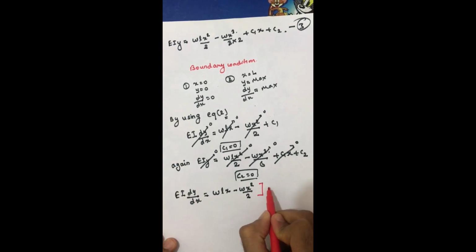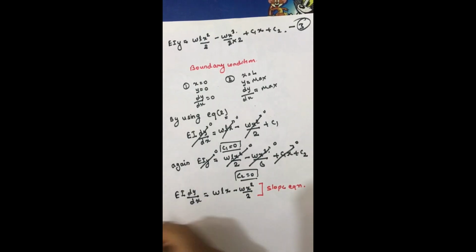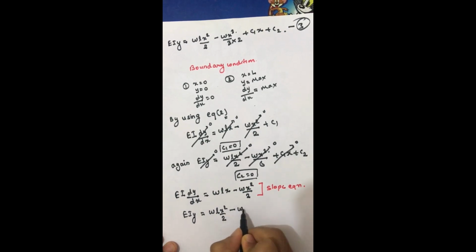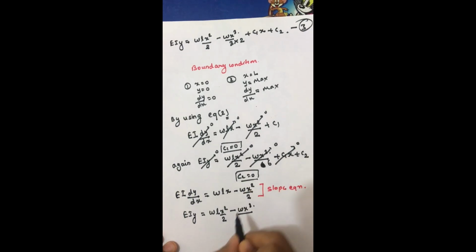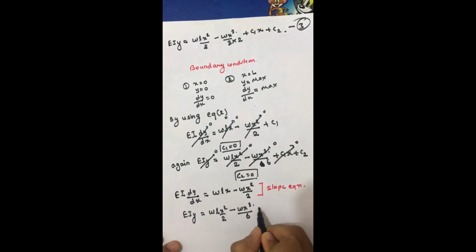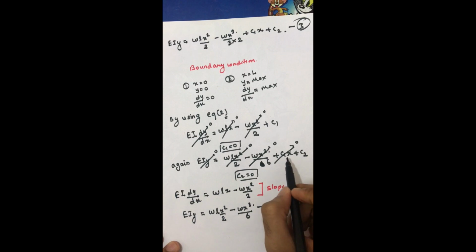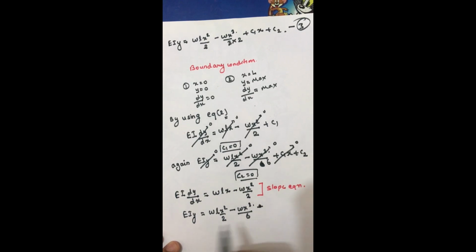This equation is also known as the slope equation, right? And equation 3 becomes EI y equals w L x square divided by 2 minus w x to the power of 3 divided by 6, and there is no need of writing c1 and c2 as they are 0.